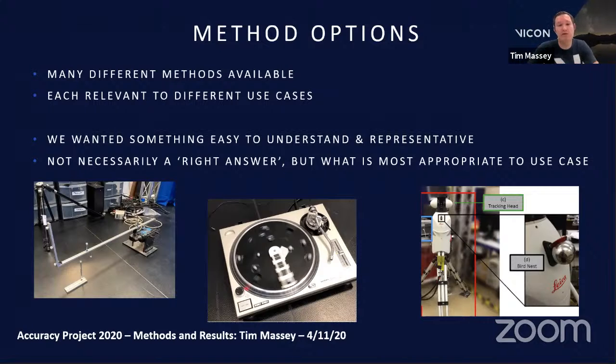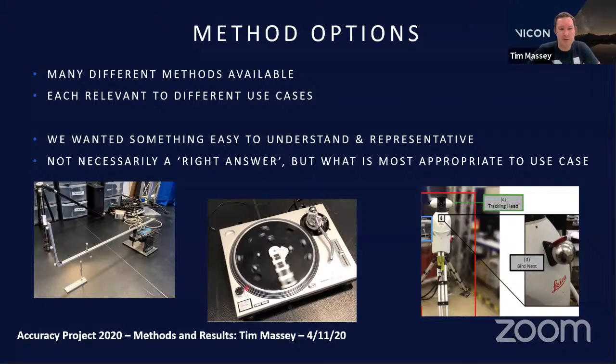So when we were looking at a method we would use to have this conversation, we were interested, of course, that it's easy to communicate, easy to understand, but also it's representative to a large part of our population of customers and users. We didn't want to choose something that really wasn't relevant to what people were using a system for, because that would change the outcome essentially.